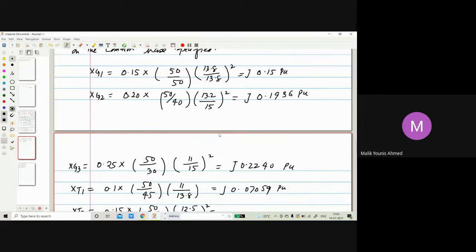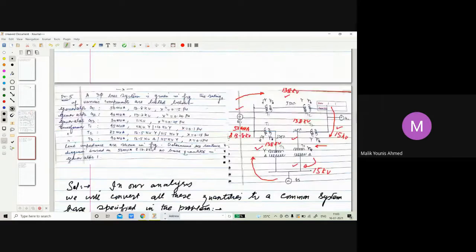You can see here, if we are talking about transformer T2, where we have gone, yeah, here. If we are talking about the 12.5 old value, then that should match with the 15.